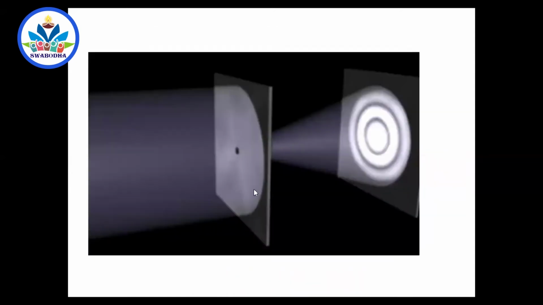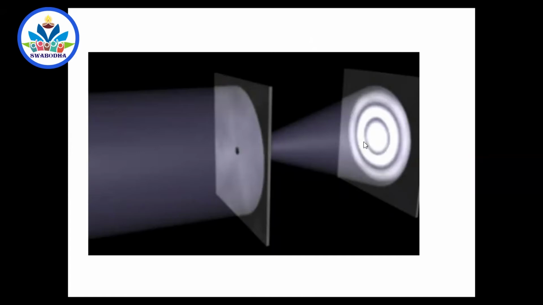Just now I told you, if you pass a parallel beam of light through a narrow hole, the light will not form just a narrow spot like the hole. You don't get light only in a circular patch at one place. You will get a circular patch of light, then some darkness, again a circular patch of light, again darkness, again a circular patch of light, right?